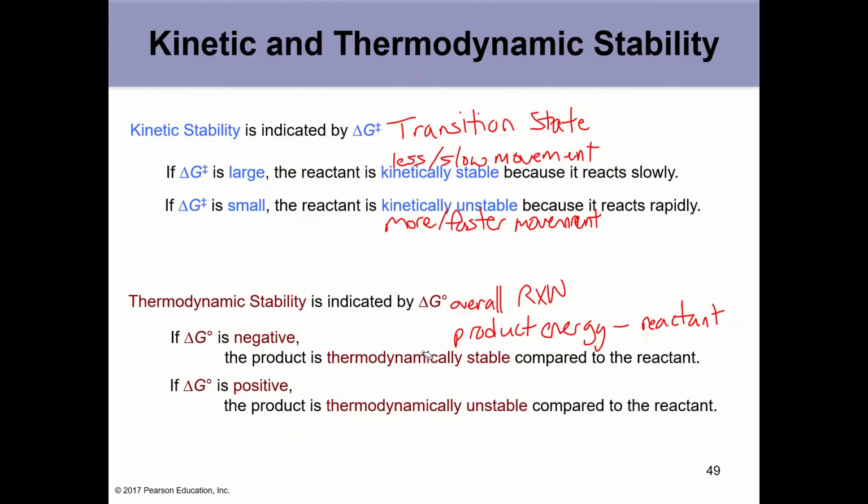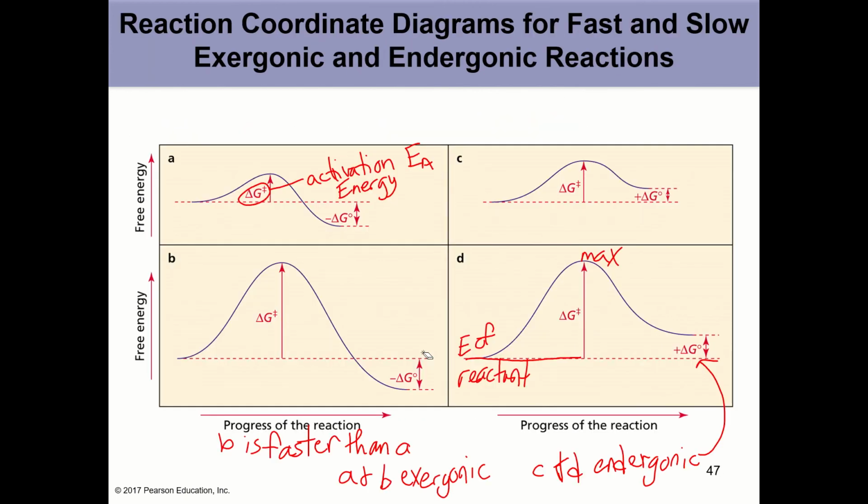And what this means is that in your book, they like to give you a reaction energy coordinate diagram. And then they'll ask a question and they'll have the names of the product and the reactant, and they'll say, as you move from this to this, is the reaction endothermic or exothermic?